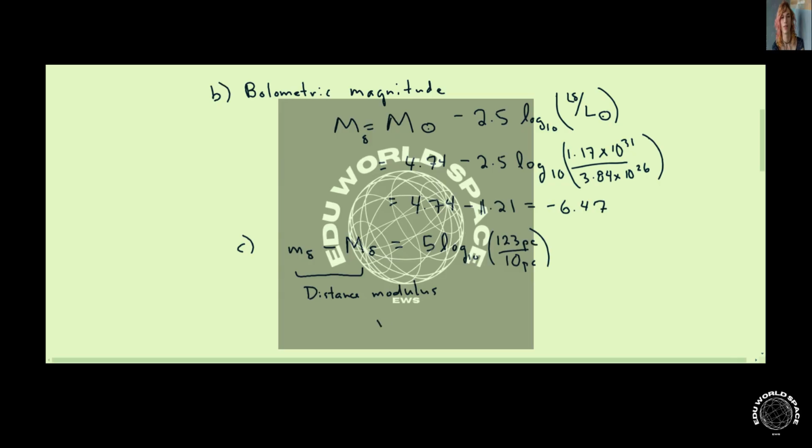So we get the apparent magnitude is minus 6.47 plus 5.45. The distance modulus is actually a later question. And this is minus 1.02. Fairly bright star, apparent.